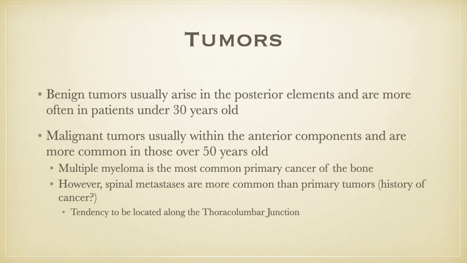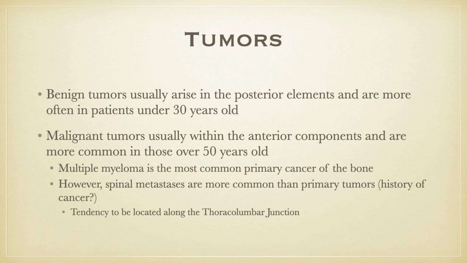So that's why we always want to ask the question, or at least have that in some kind of pre-screening paperwork that the patients are doing: do they have any history of cancer? One of the things that we can check out in terms of that, like I said, is questionnaires or other things if we're not going to specifically ask that question. Unfortunately, for whatever reason, these spinal metastases have a tendency to be along this region that we're talking about.